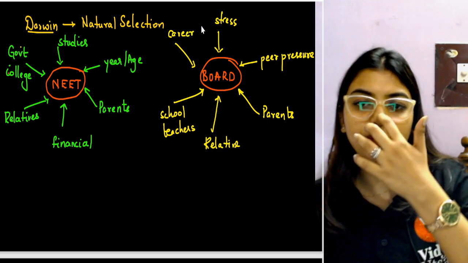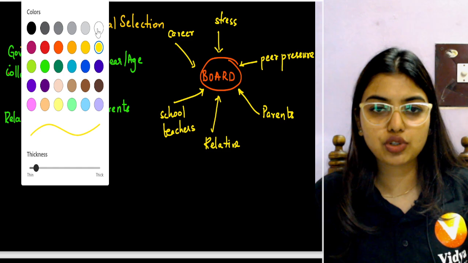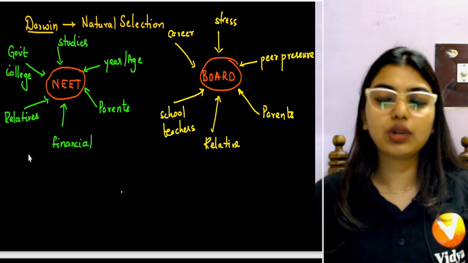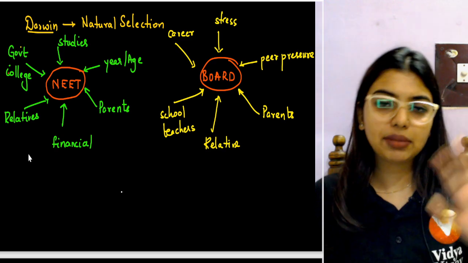All this would be pressure on two students. Let's take one NEET aspirant and one board student. Now, according to Darwin, see, Darwin has a different concept, but just try to understand what this natural selection is.